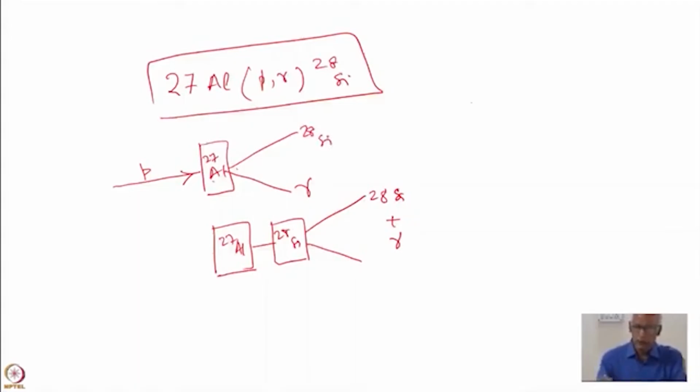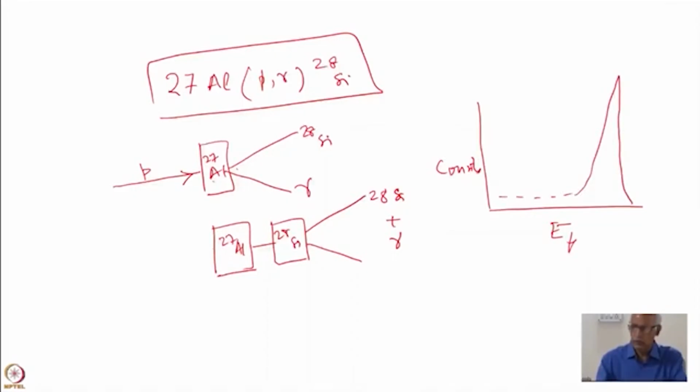Now when we say resonance, that means if you change the proton energy, E_p, and this is the counts, then you will see that at the particular energy where the resonance takes place, the counts will increase, and corresponding to this peak you can find out the resonance. What you are actually doing is increasing the magnetic field, which corresponds to this.